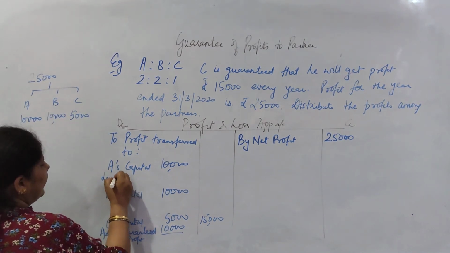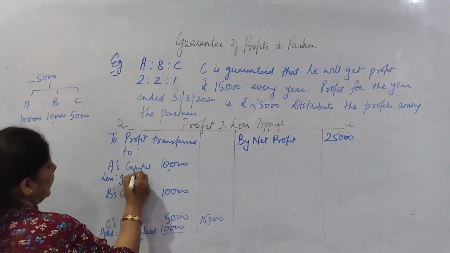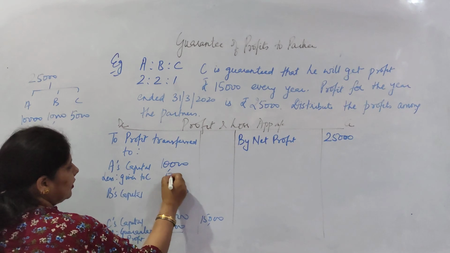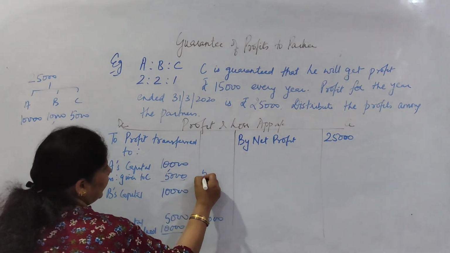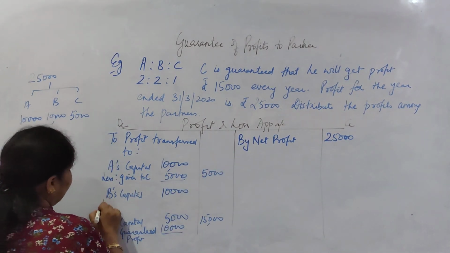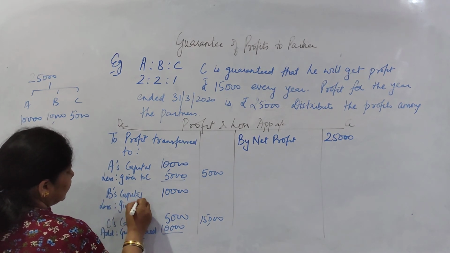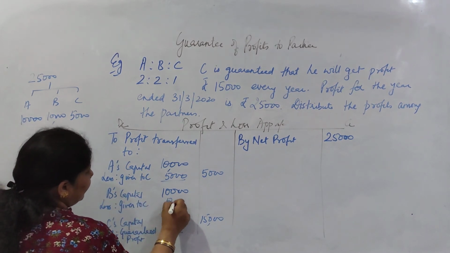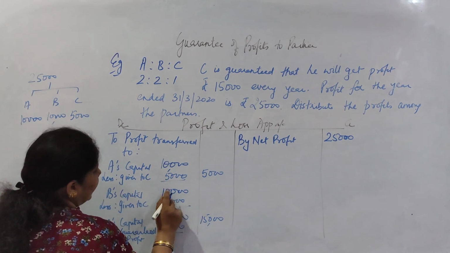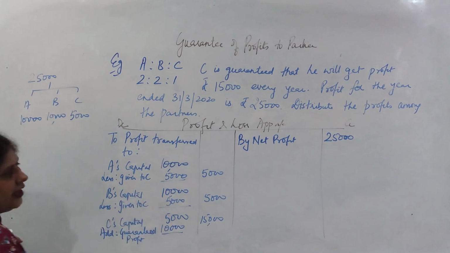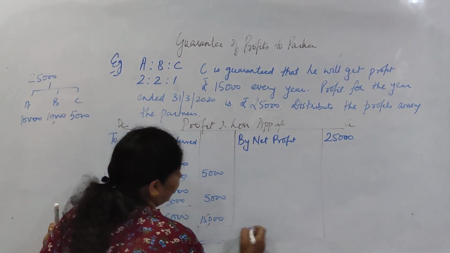So we will write here: less, given to C, 10,000 divided by 2 is 5,000. So A's share of profit is 5,000 less, and B also less, given to C, 5,000. So B's share of profit will also be 5,000 and C's share is 15,000, which is guaranteed to him.